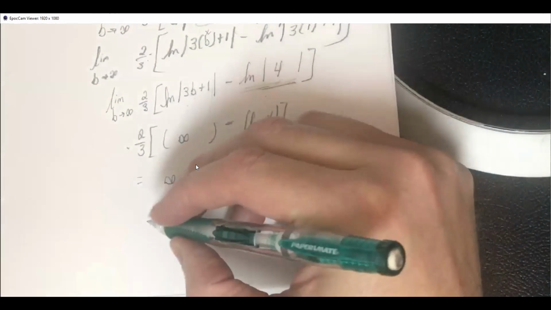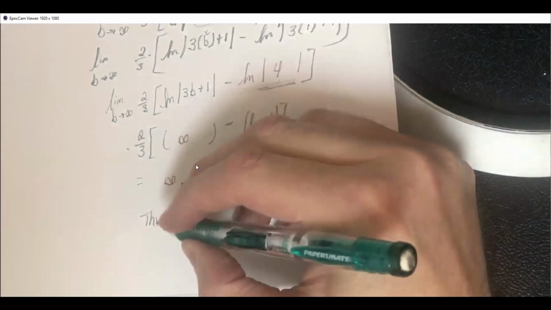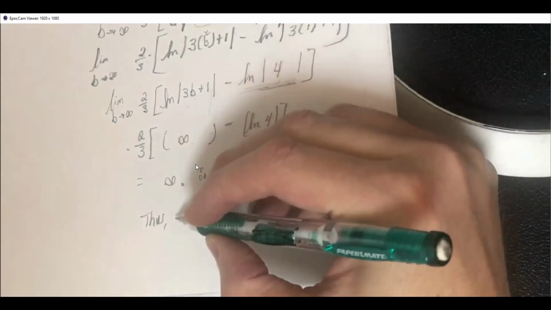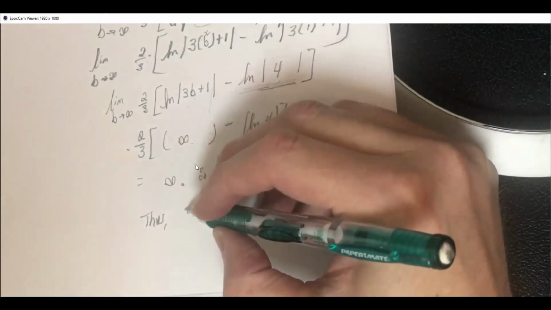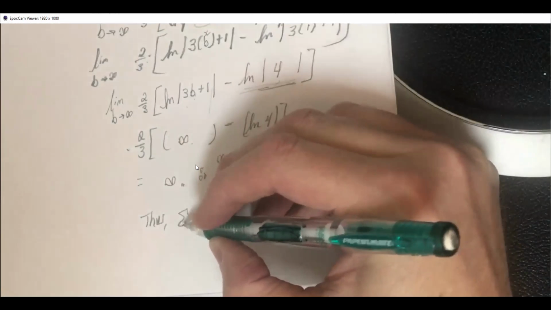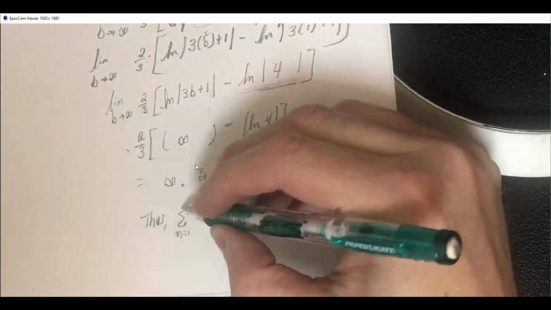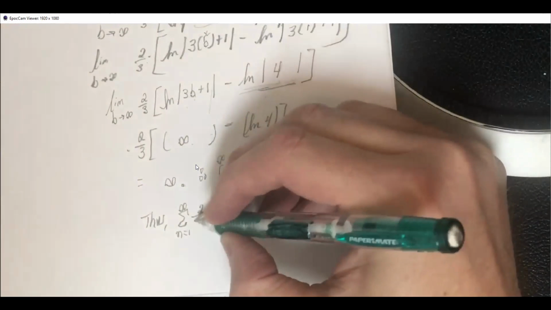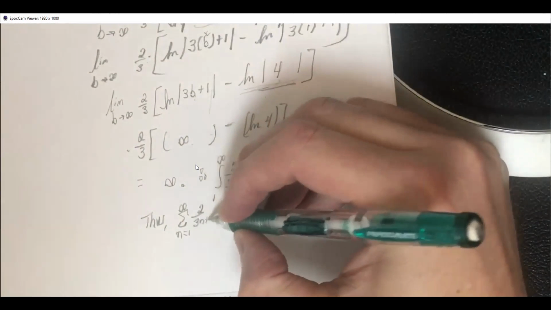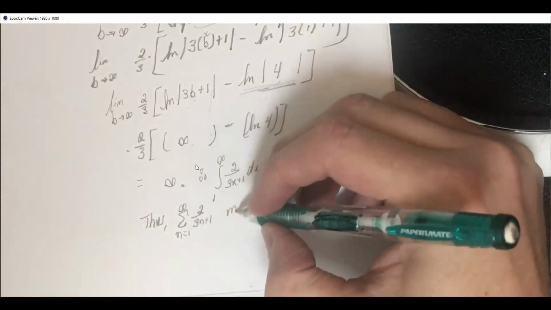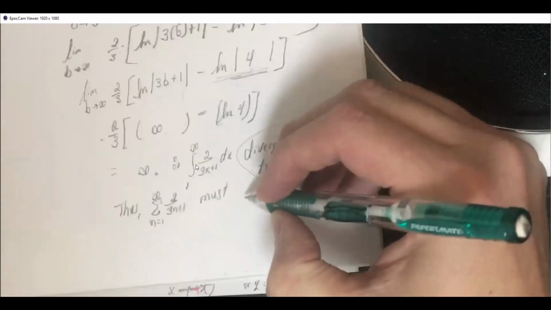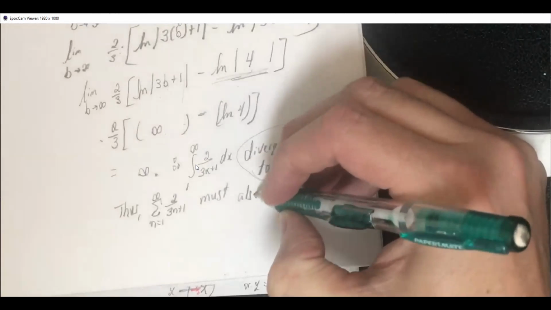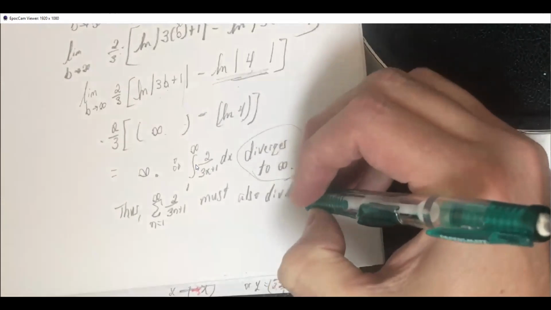Therefore, or thus, the series, which is just a fancy way to say the sum of all these terms starting at 1 forever, must also diverge.